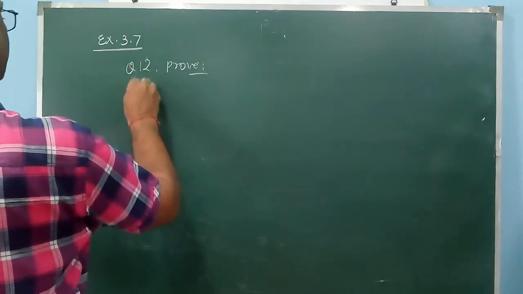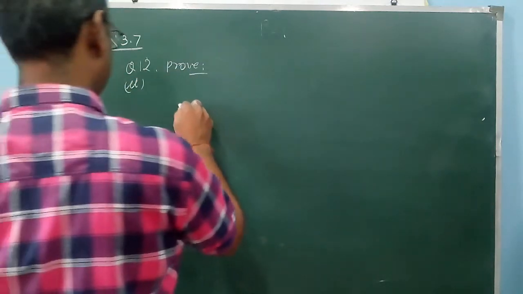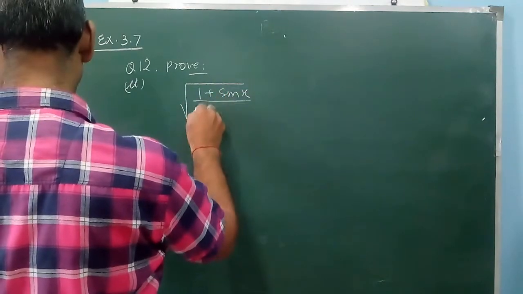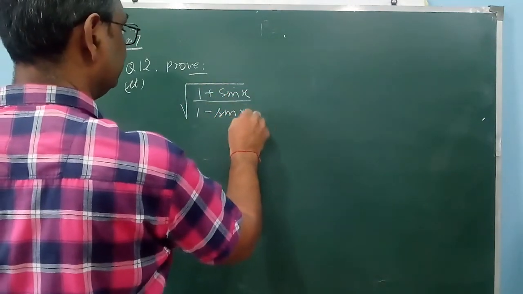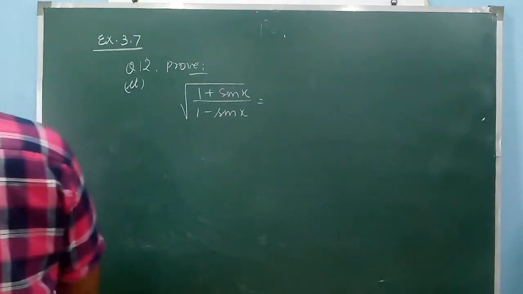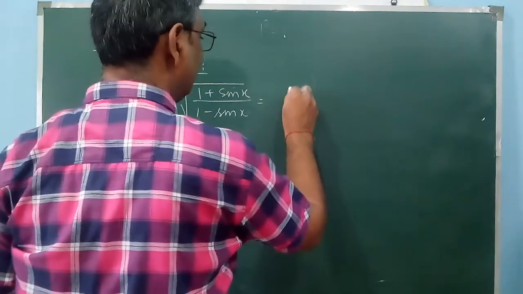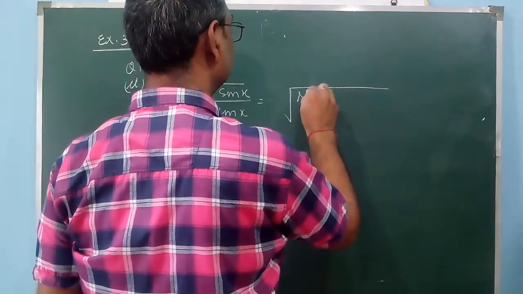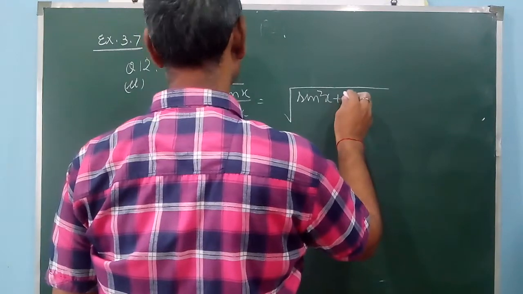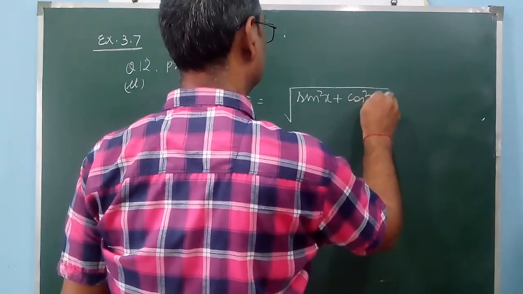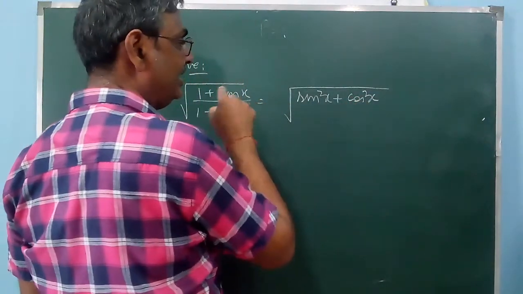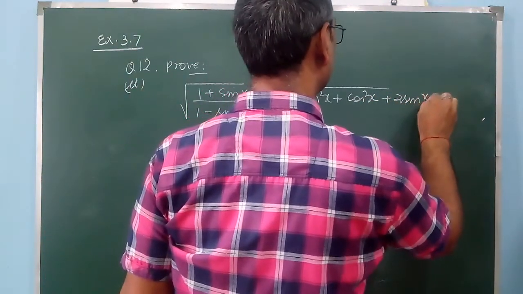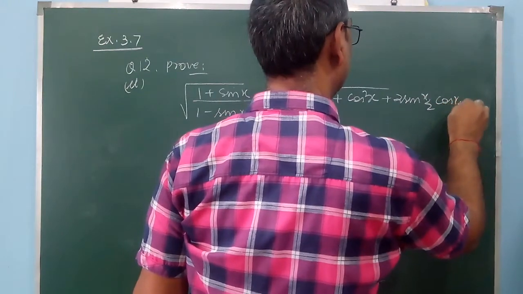Now the second part. What can we do here? We can write 1 as, because this is sin x, so here we will be getting 2 sin x by 2 cos x by 2.